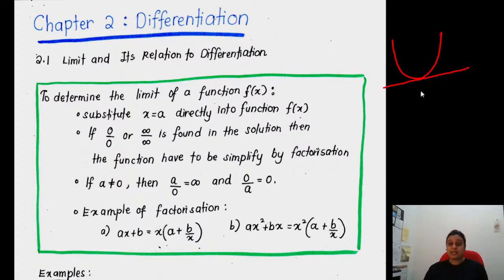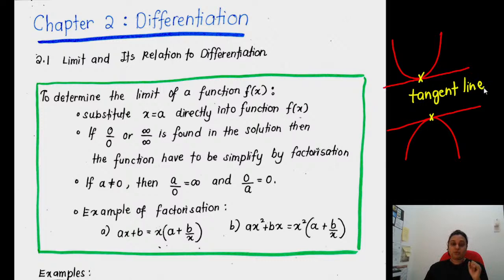Maybe it's a smiling graph, or a sad graph. When you have a straight line touching the graph, that is called a tangent line. Here you will get your gradient, and usually the gradient will be equal to 0.